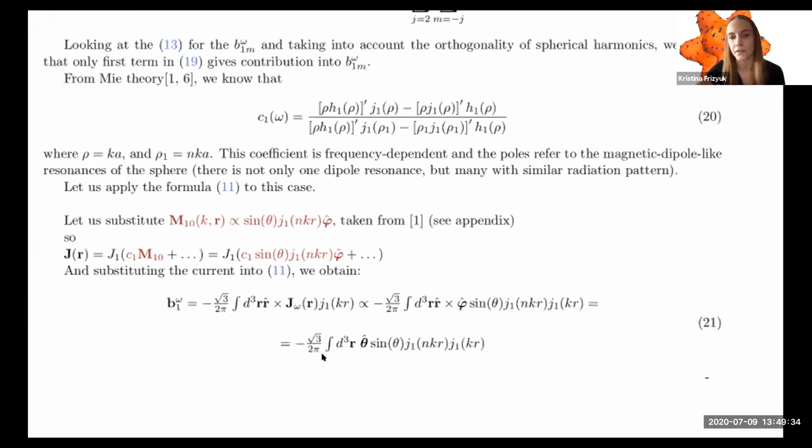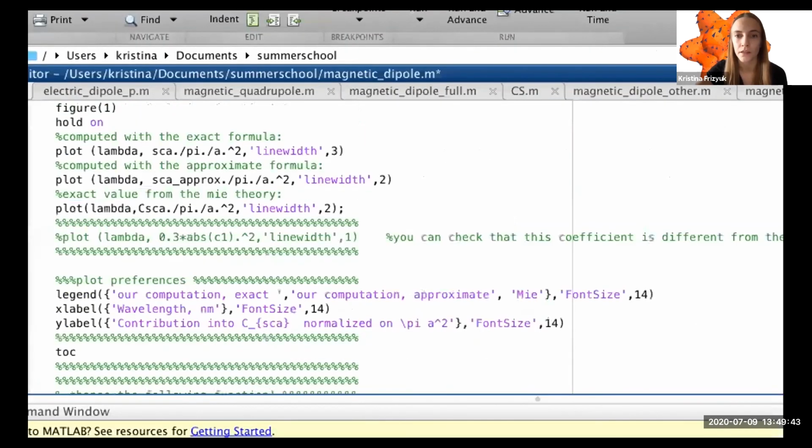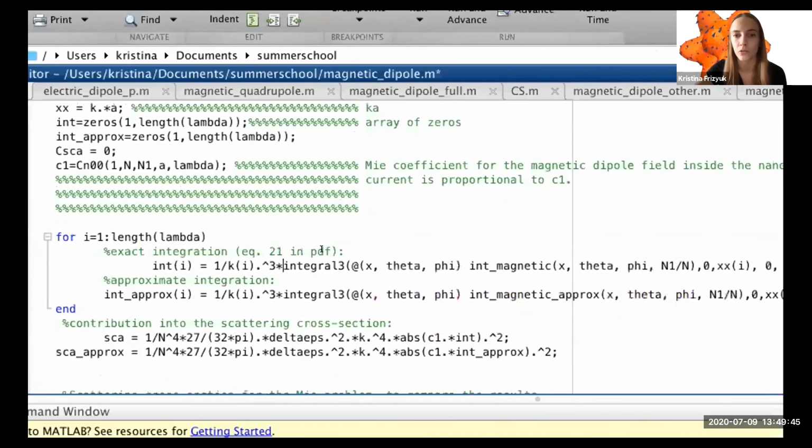This is the integral over the volume of a sphere, and you can see that this is a numerical integration in two cases, for the approximate and exact formula.